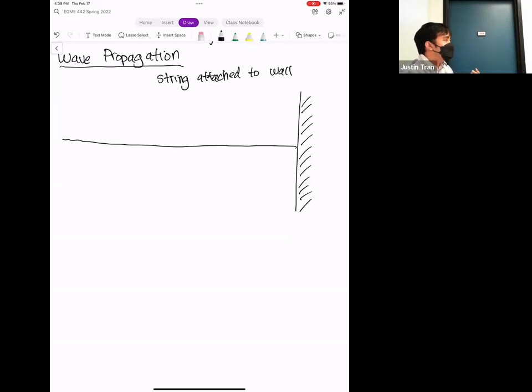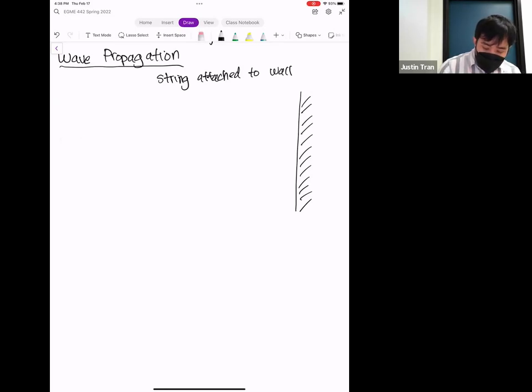A guitar string is essentially a string that's made of certain material. It's fixed at one point, and the other side is pulled with some tension, such that the string is taut. Let's assume that this string is being pulled with some tension T. So it's being tightly pulled, and there's no slack in the string at all.